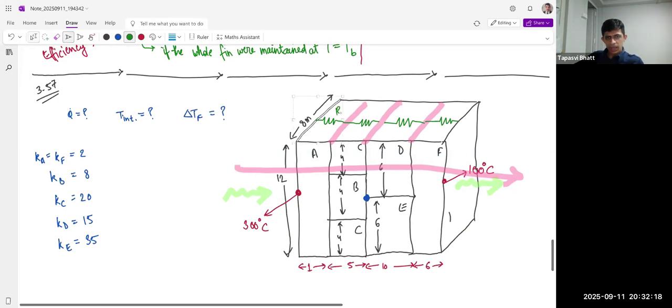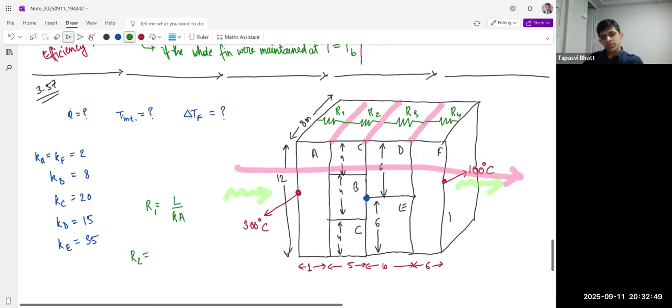Now let's call them R1, R2, R3, R4. What is R1? R1 is a very simple conduction resistance in a Cartesian coordinate system. For conduction, R is L over kA. This is R1.